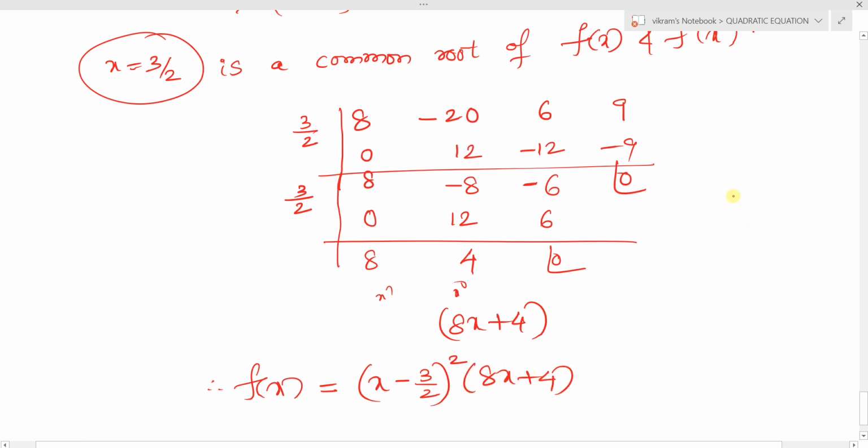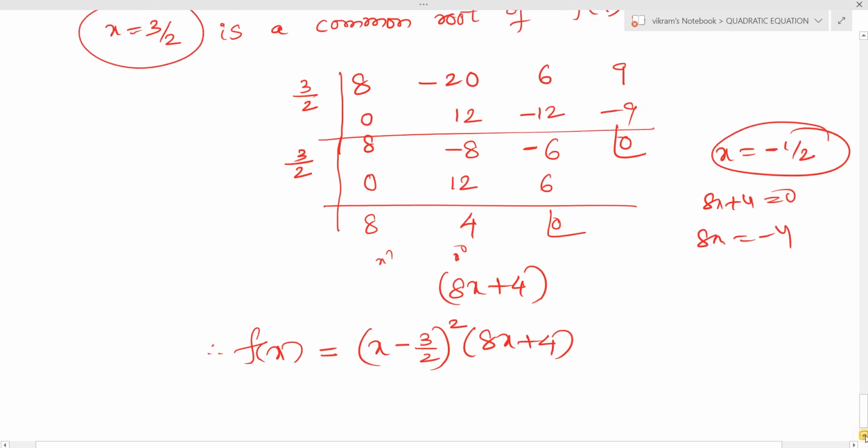Now 8x plus 4 is a factor, so 8x plus 4 equal to 0, 8x equal to minus 4, then x is equal to minus 1 by 2 is another root.